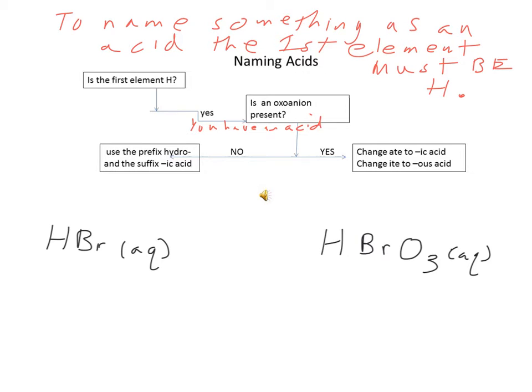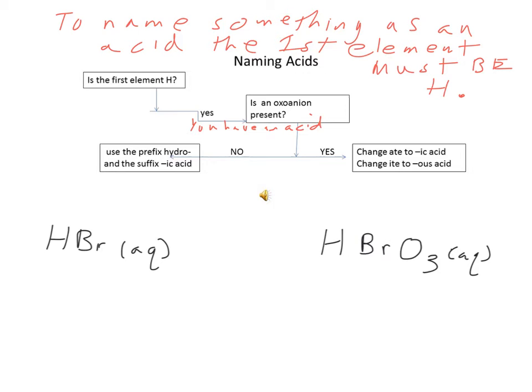Remember, our definition of acids defined acids as anything that loses a proton or loses a hydrogen ion in the aqueous environment. And therefore, some people will view the nomenclature rules very strictly, that you should only name something as an acid when it's in the aqueous environment.